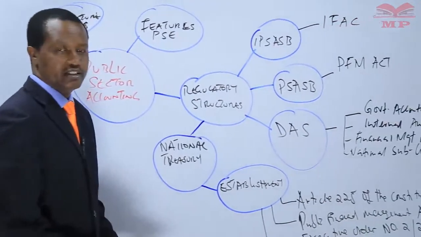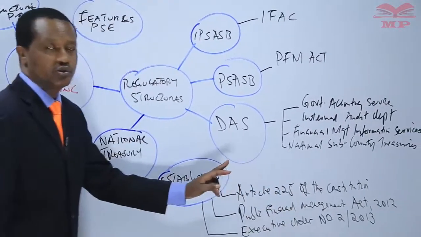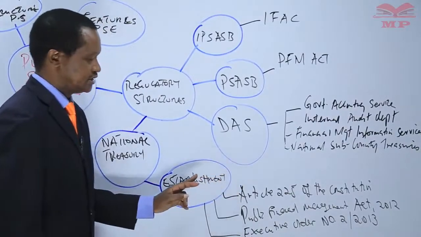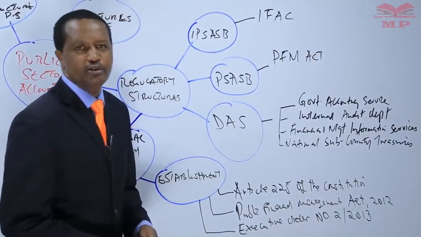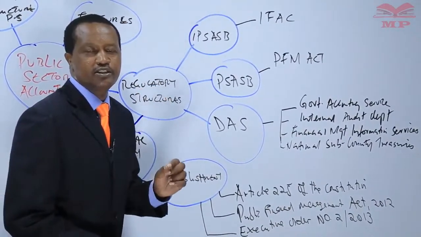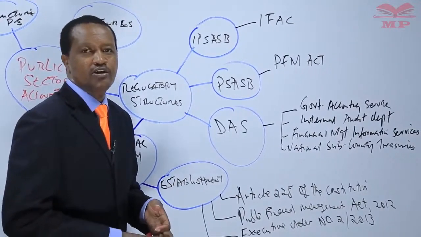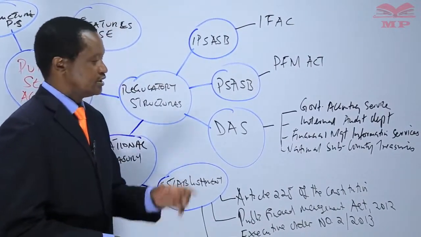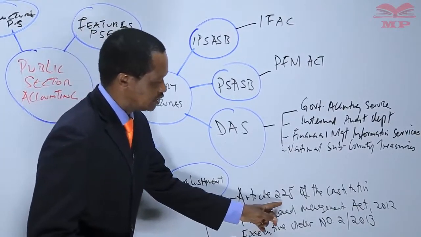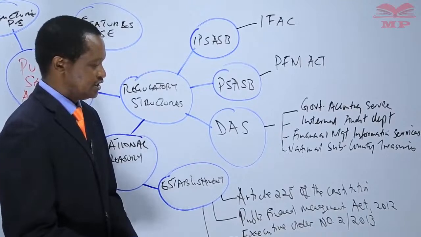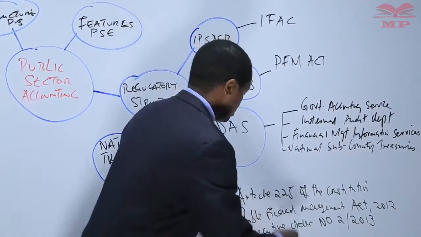Now, candidates, this Article 225 of the Constitution says, and I quote, "An act of Parliament shall provide for the establishment, functions, and responsibilities of the National Treasury." That is what the Constitution states under Article 225, and the article is about financial control.